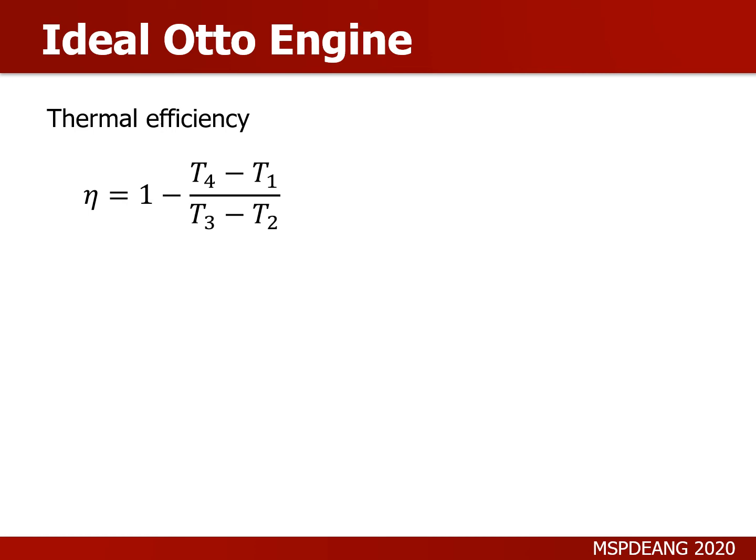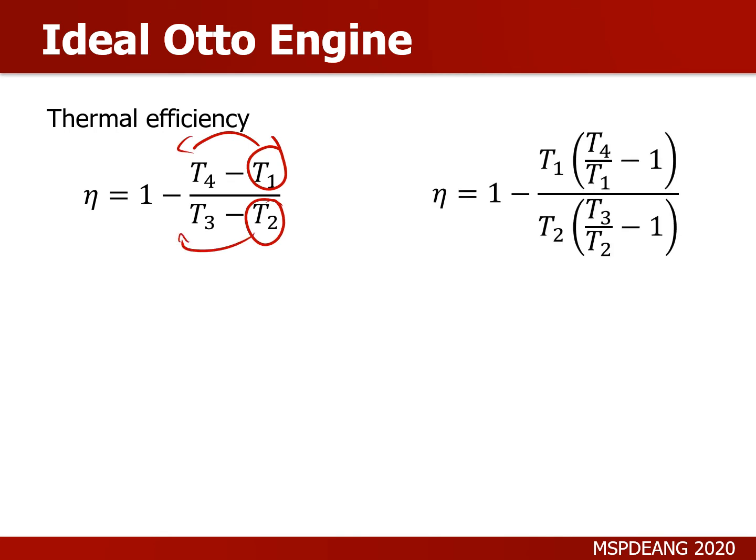What we can do now is factor out T1 in the numerator and factor out T2 in the denominator to obtain the following expression. We have a ratio of T4 over T1 and a ratio of T3 over T2. We derived this relationship between these four temperatures from the adiabatic steps.